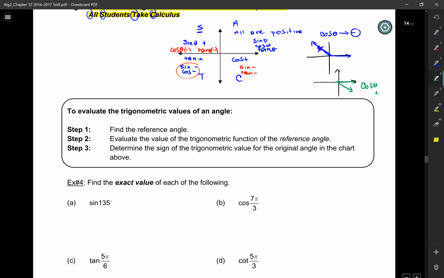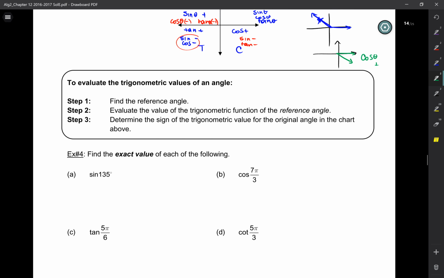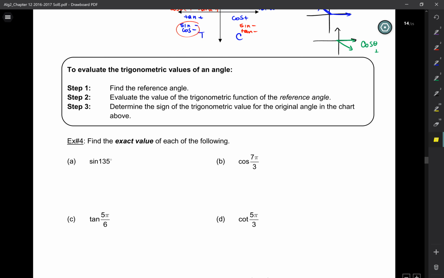Now, the best thing in life ever, here it is. With this, we can find the trig values of any angle anywhere. So like you could be walking down the street and you see something like the cosine of 120, and you could totally know what that is. Okay, I'll get you in a sec. Now, to evaluate the trig values of an angle, here's what we do.